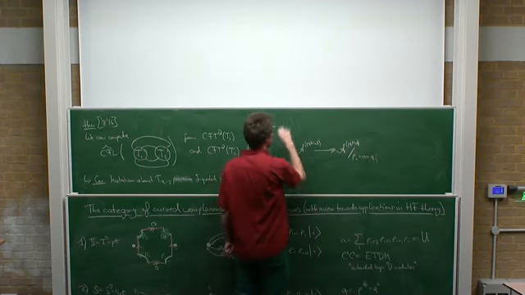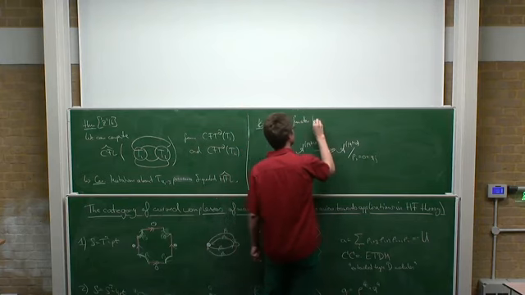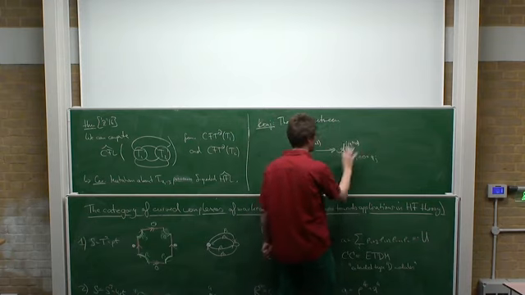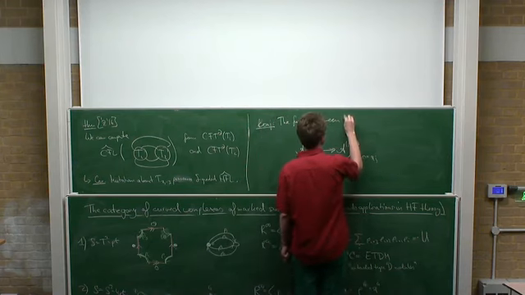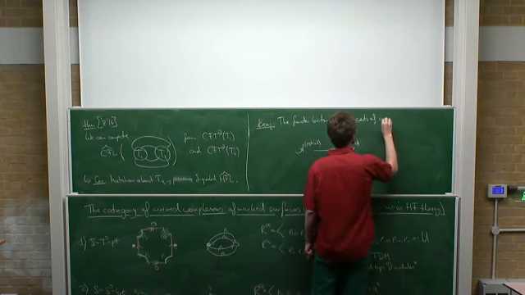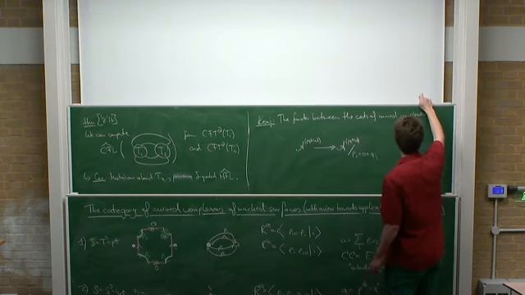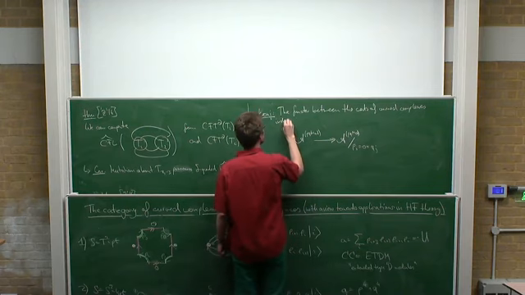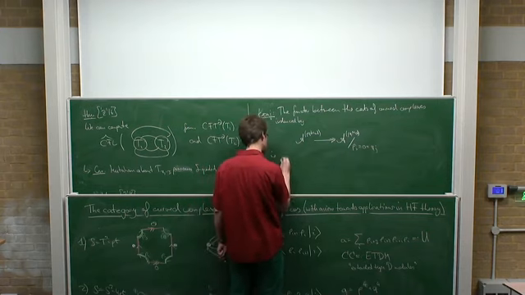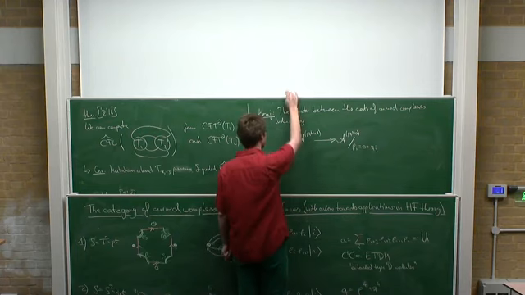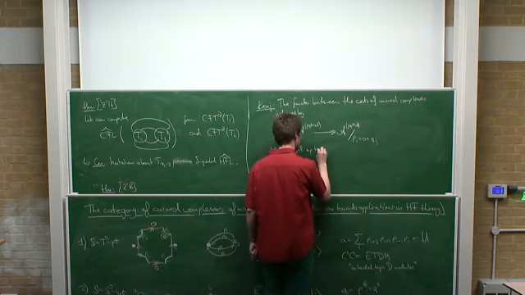Now the conjecture would be that the functor between the categories of curved complexes associated with these two algebras, induced by this quotient map, is, and I'm not quite sure whether this is the right word that I'm using here, faithful up to homotopy.